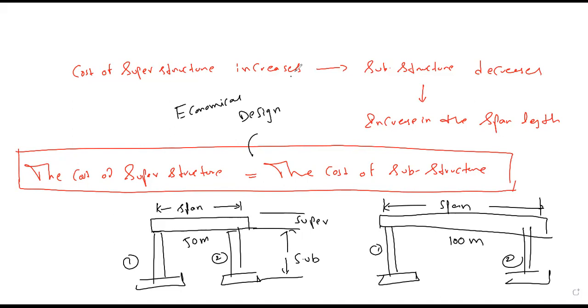How can we reduce the overall cost of the bridge? Did you understand the concept? If not, tell me, then I will start the derivation. Guys, please respond. Students, please respond. Hello, guys, did you understand the concept? What do you mean by economical span?